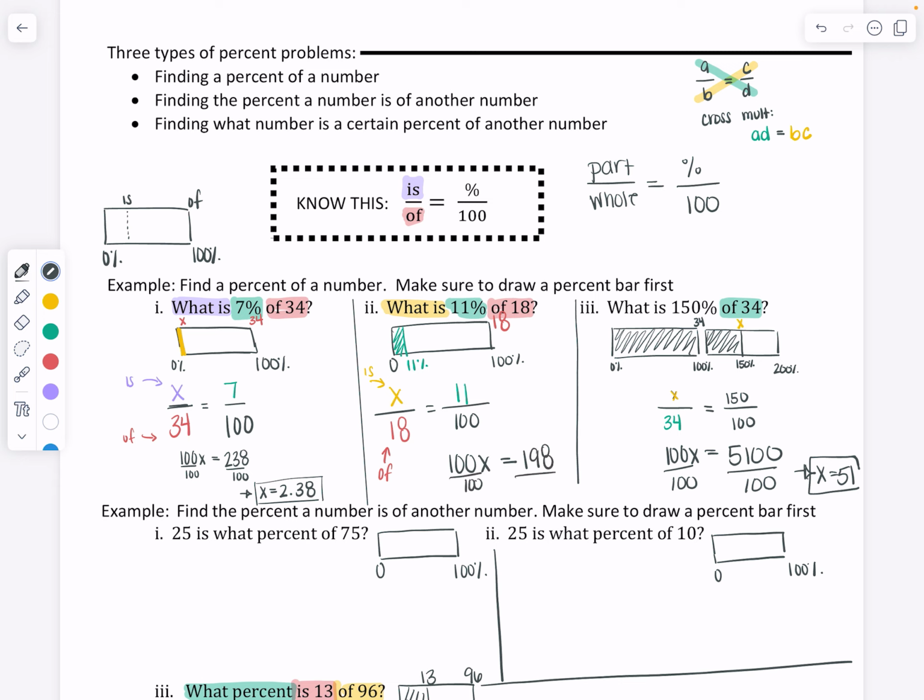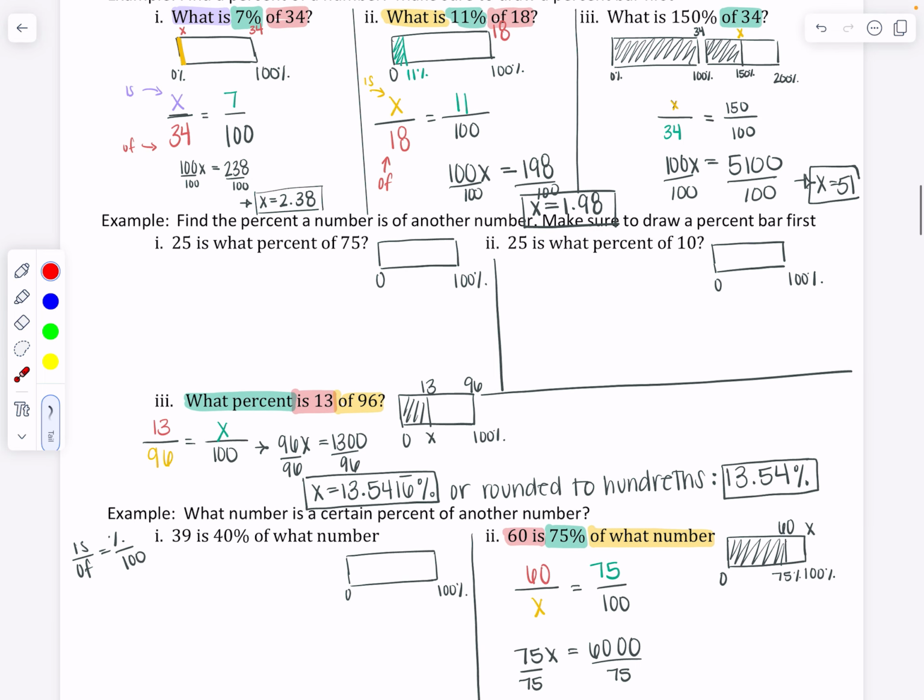Divide by 100, divide by 100, and get X equals 1.98. That is not a percent. That is the part of the whole. So what this means is 1.98 is 11% of 18.